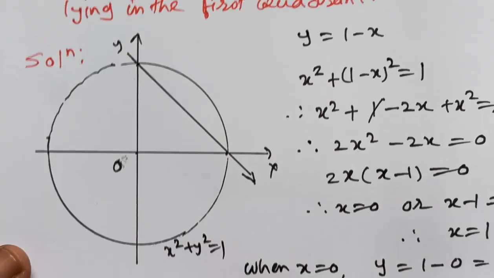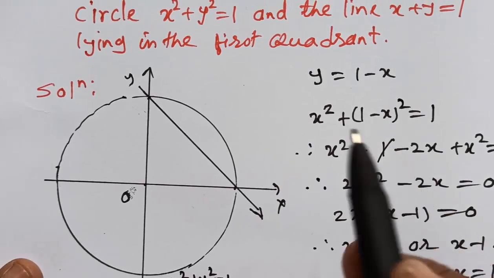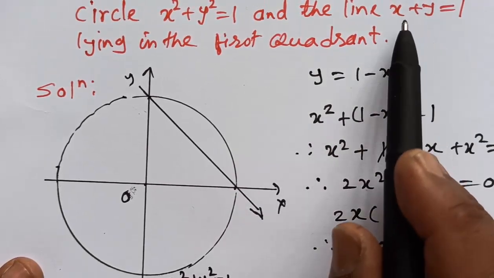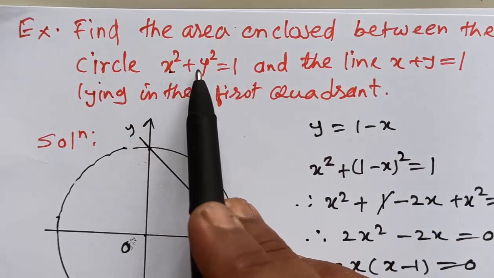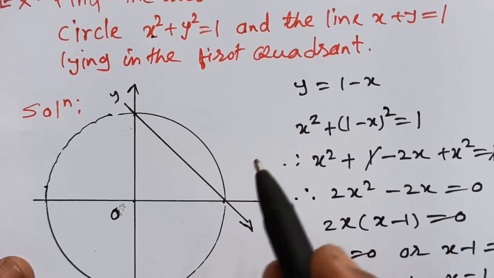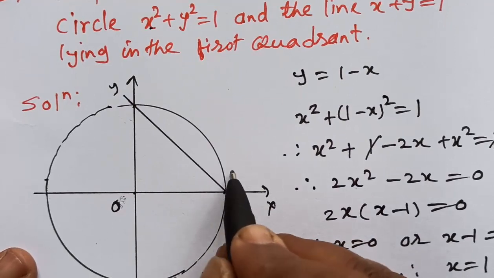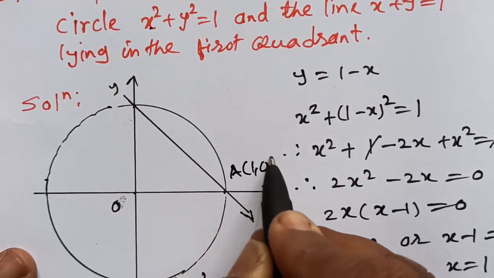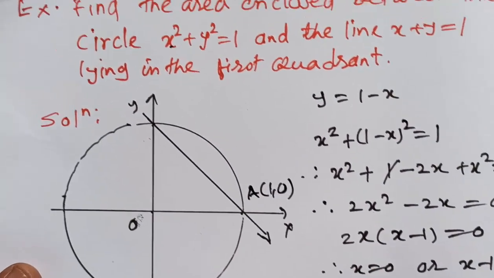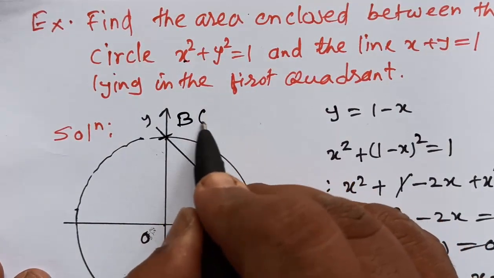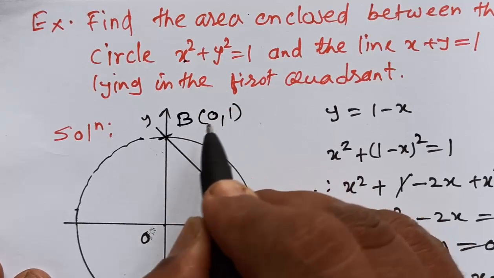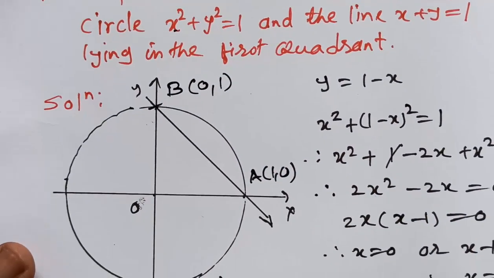Therefore, the points of intersection of the line x plus y is equal to 1 and the circle x square plus y square is equal to 1 are the first point A, (1, 0), which is on the x-axis, and another point B, (0, 1), which lies on the y-axis.